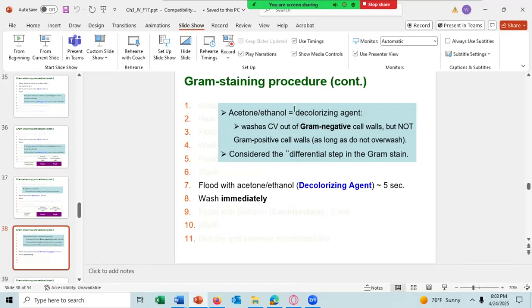I think the video of the lab used 95% ethanol, and that's why you applied it for a longer period of time. 95% ethanol is not as strong, does not remove the crystal violet iodine complex as rapidly as acetone ethanol. When using acetone ethanol, you apply it only for about 5 seconds. If you only had 95% ethanol, you'd have to apply it for a longer time, and I think the video said for about 30 seconds.